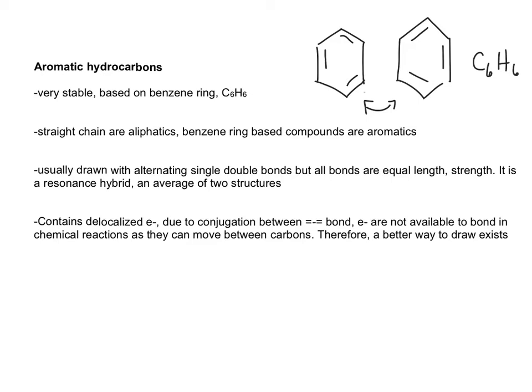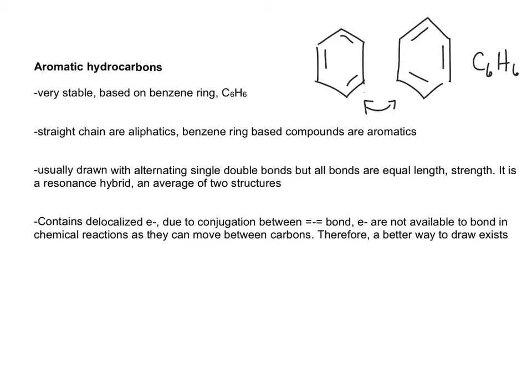So the compounds that we've looked at already, alkenes, alkynes, alkanes, are called aliphatic compounds because they are straight chains. And these special kind of hydrocarbons that contain this ring structure of benzene are called aromatics. So basically what happens is, with this cyclic system in benzene, we have delocalized electrons.